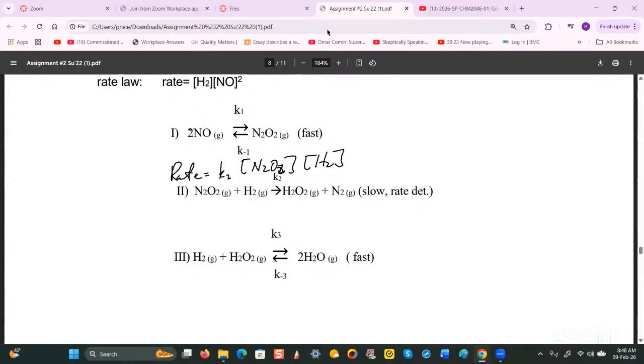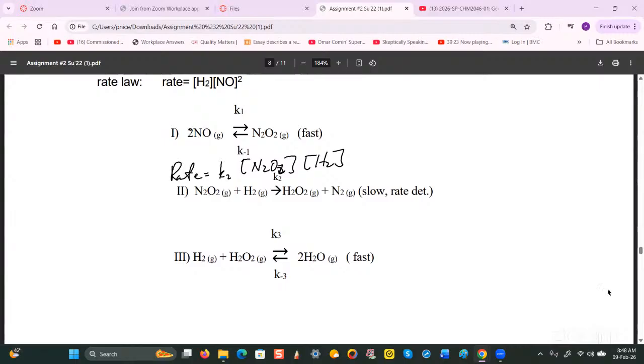That means the rate of the forward reaction would be equal to the rate of the reverse reaction. So the rate at which NO reacts to form N2O2 will be the same as the rate at which N2O2 reacts to form NO.